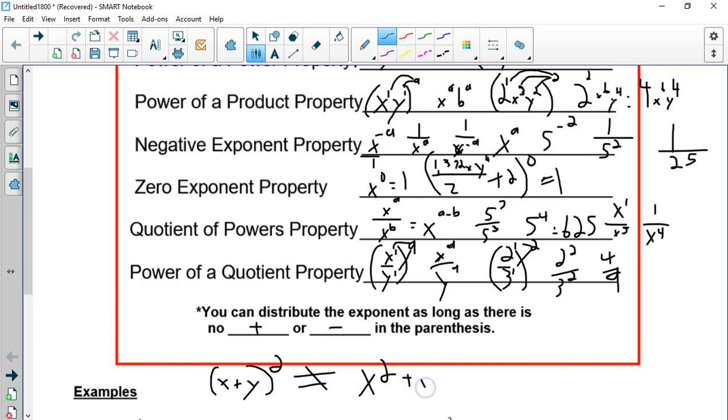You cannot do this. It's technically x squared plus 2xy plus y squared. You cannot just send the 2 in across this plus sign. Big no-no. Talked about it all year.